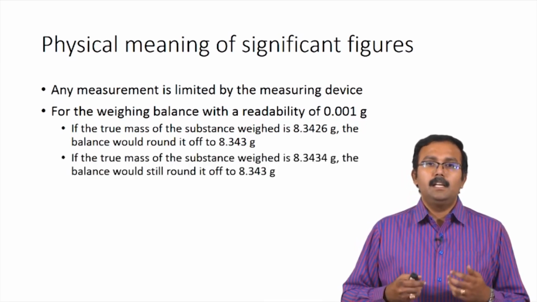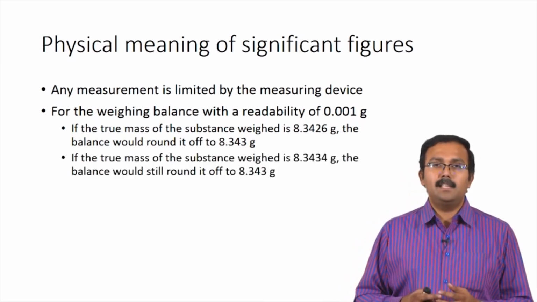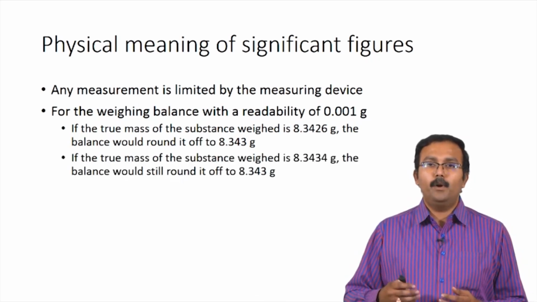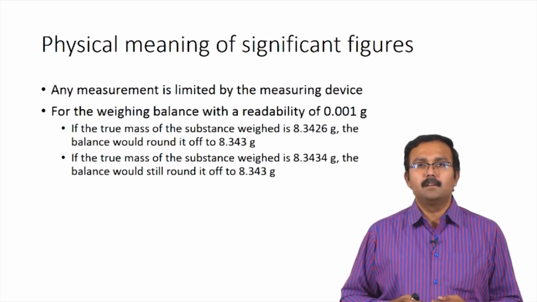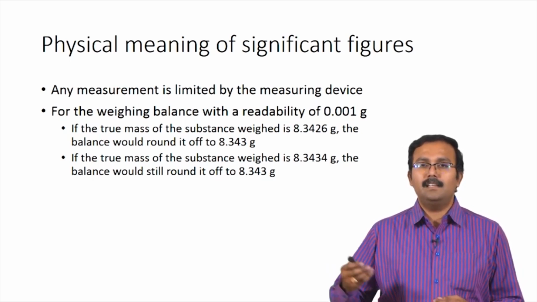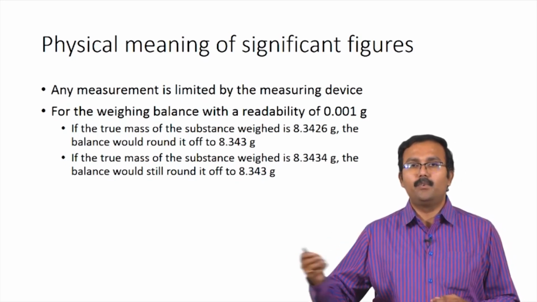Similarly, if the mass of the weighed substance is actually 8.3434 grams, the balance would still read it as 8.343 grams. It cannot account for the last 0.0004 grams.